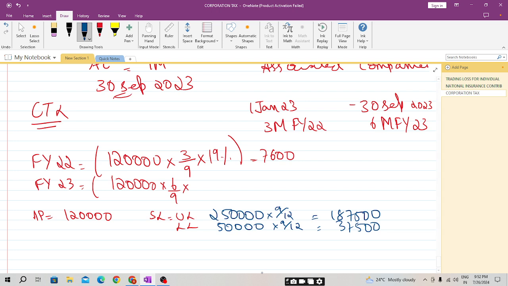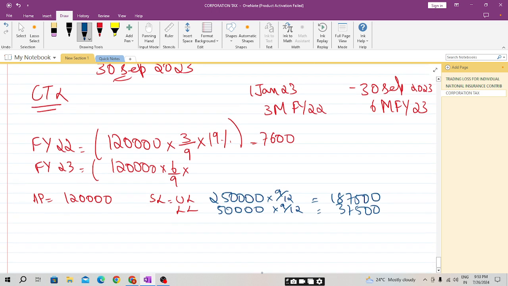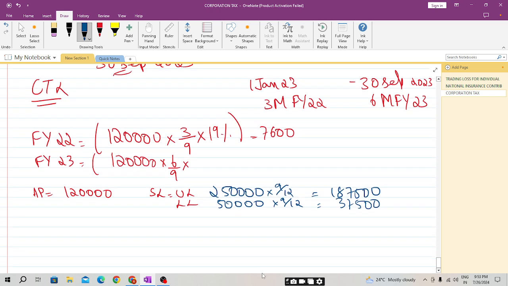I hope this point is clear, students. Now our augmented profit is for 9 months and the limits are also for 9 months, no issues. So it is within the limit.